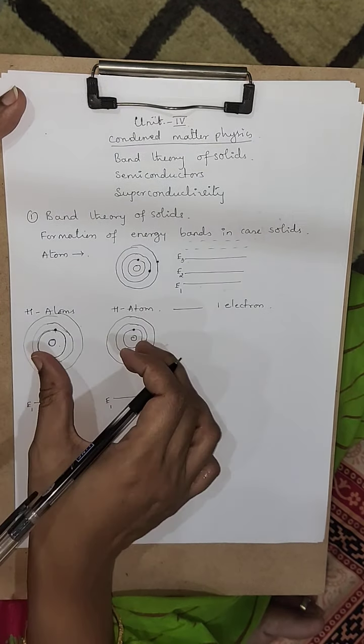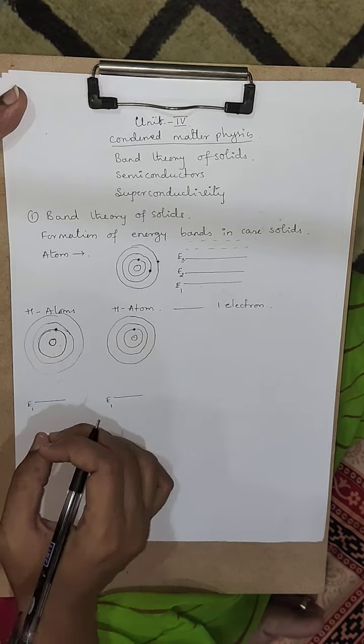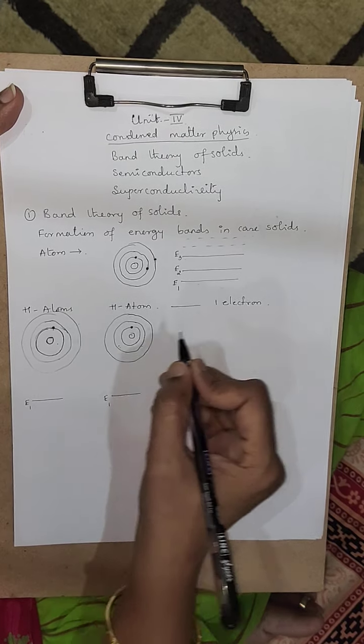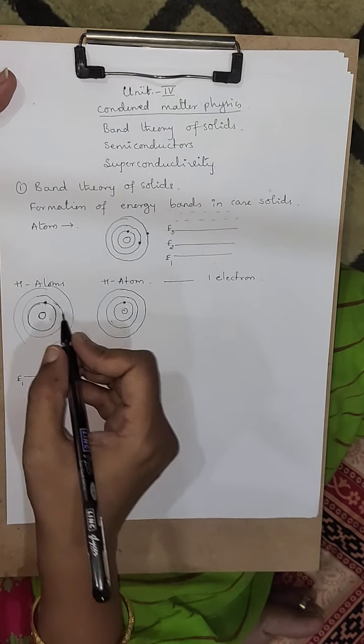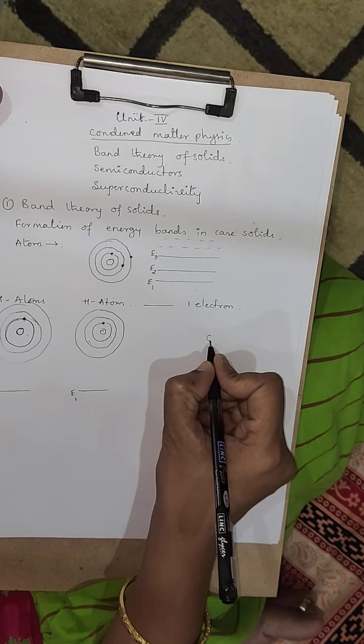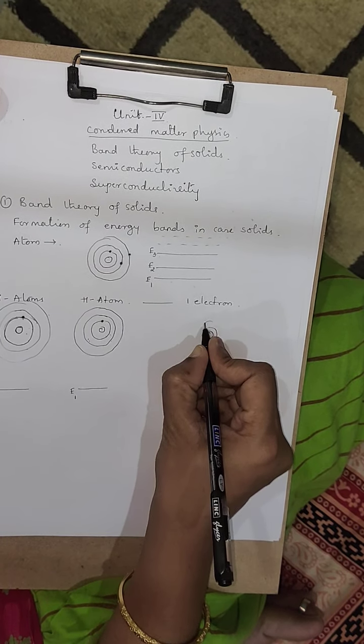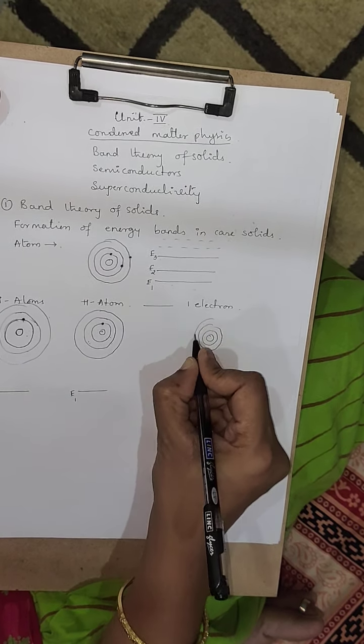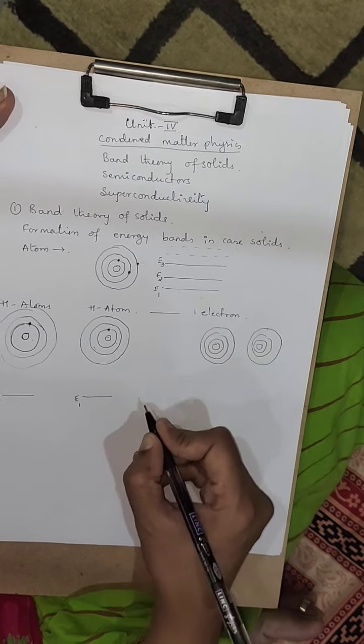What if these hydrogen atoms are brought closer to each other? Bringing them close to each other leads to the formation of bands. Let's take these two hydrogen atoms brought very close to each other like this. There is not much distance between them.